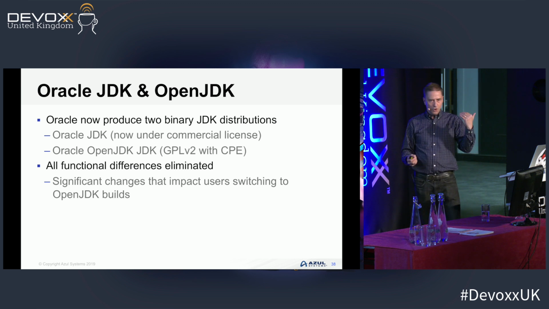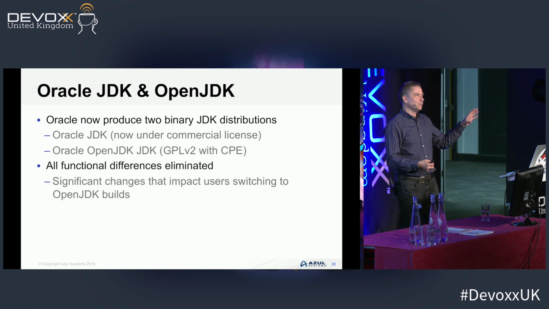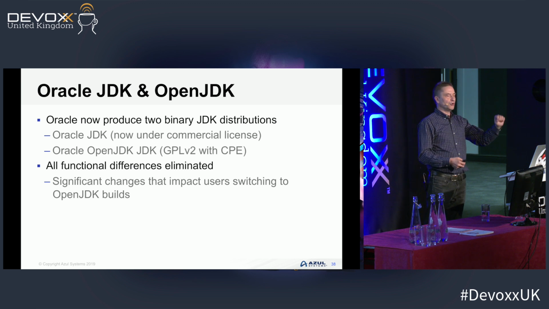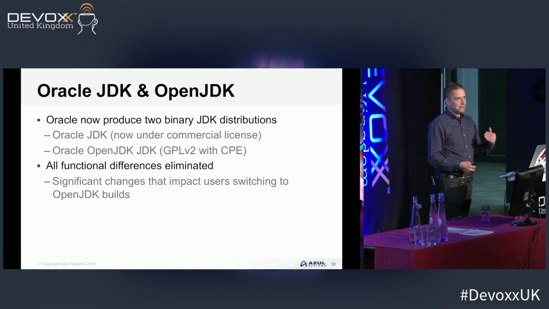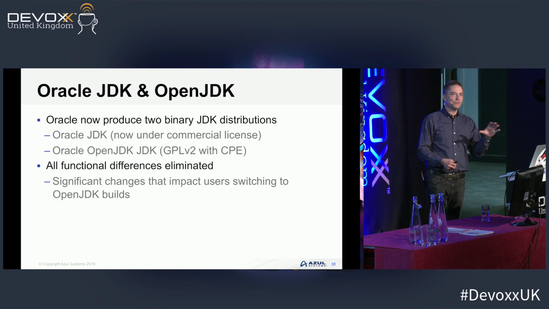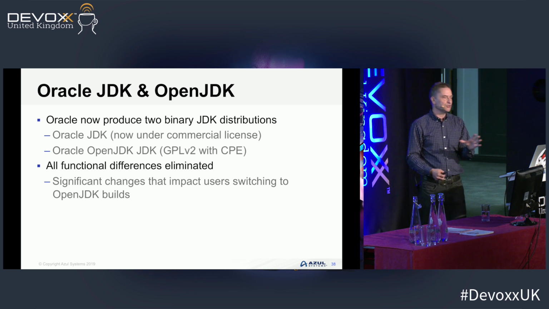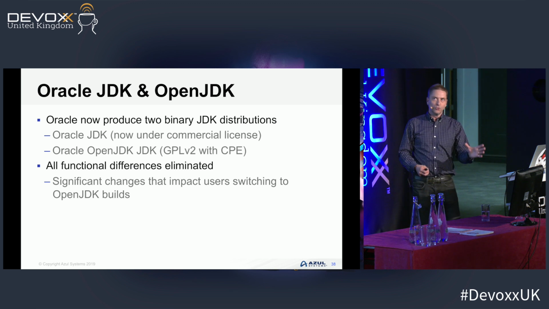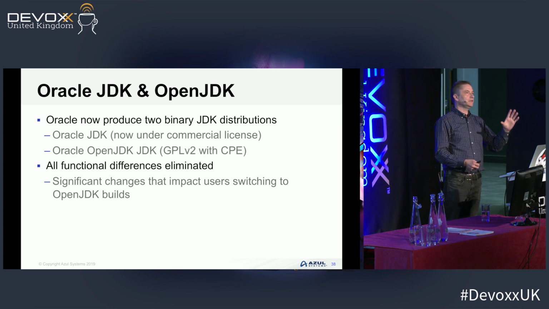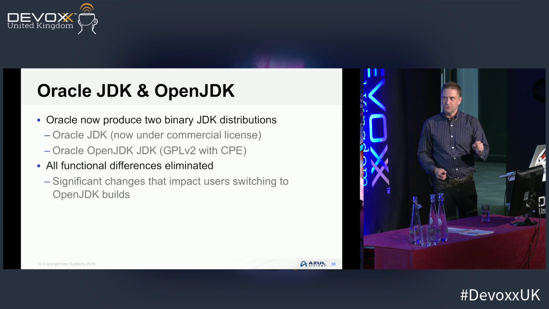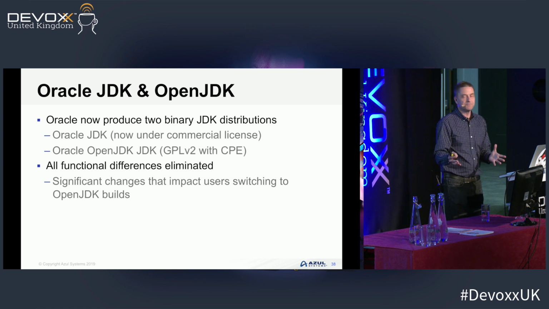So there is the Oracle JDK, which is the one that we all download from java.oracle.com. And that is now under a different license. From JDK 11, rather than being under the Oracle Binary Code License for Java SE, it's under the Oracle Technology Network License Agreement. You can tell that the lawyers at Oracle are not very good at naming things.